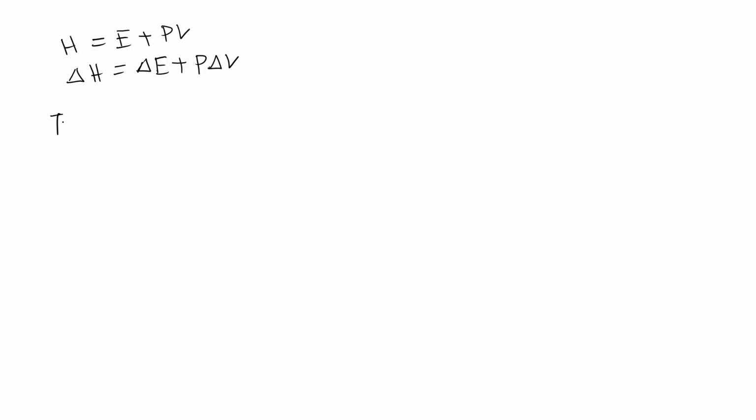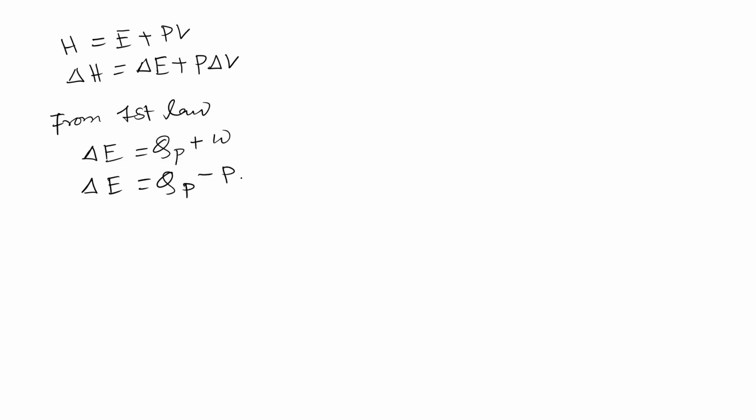Now, from the first law of thermodynamics, we know that delta E is equal to the heat exchange at constant pressure QP plus W, that is work done by the gas or work done on the gas. So we can write delta E is equal to QP minus P delta V, for only pressure volume work.